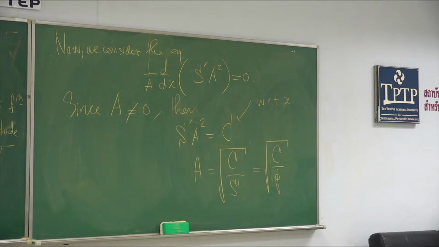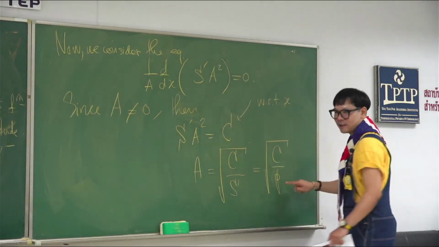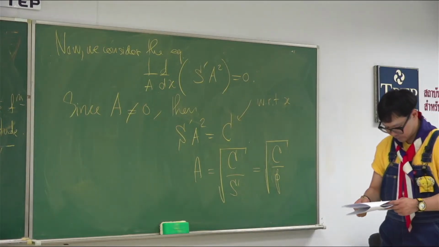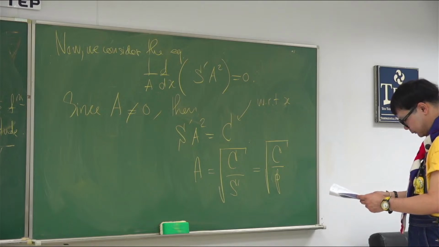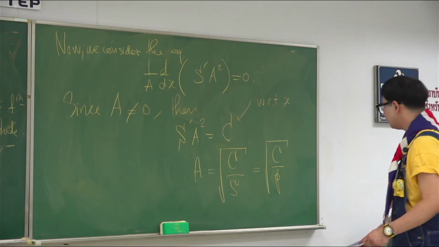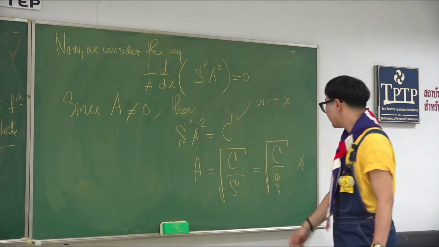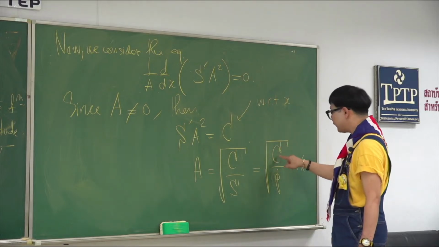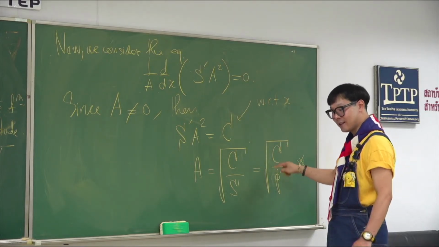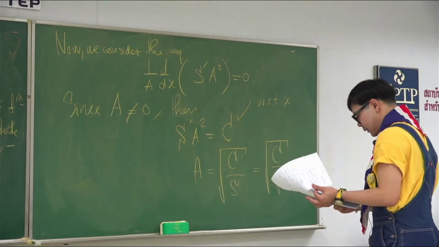Otherwise, you will not get a real amplitude here, right? So that is the thing. Okay, we are good here. So we solve for the A, but of course then we still need to fix what the C is, that we're going to consider next.